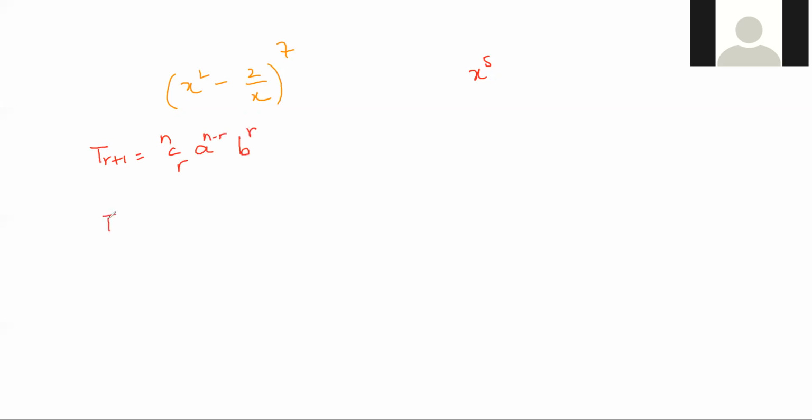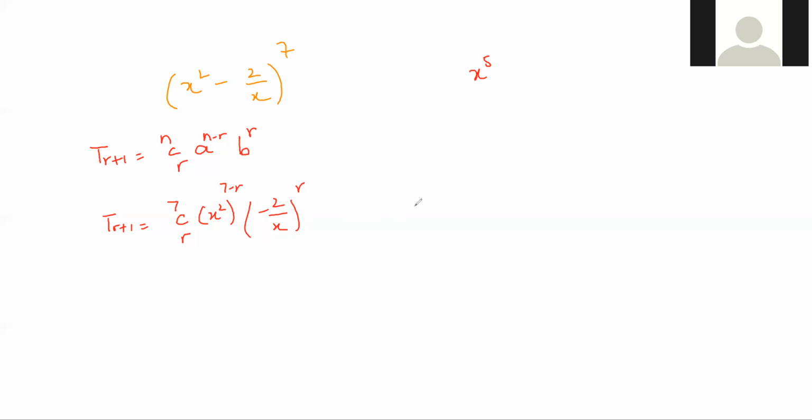NCR, A raised to power n minus R, and this is B raised to power R. We don't have that R with us. This is going to be 7CR x squared raised to power 7 minus R. It looks like the previous question. This is raised to power R. So let's try to find the power on x in terms of r right now.